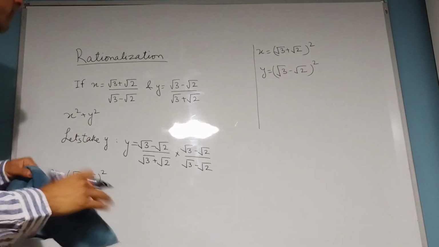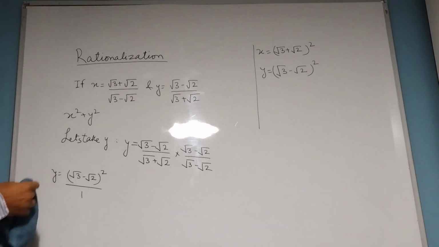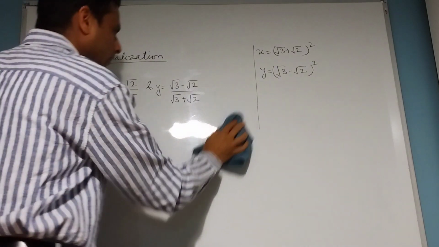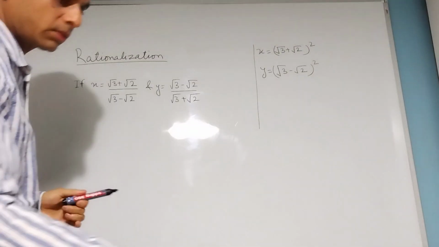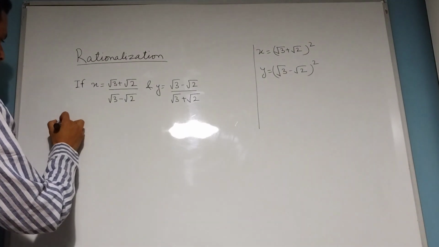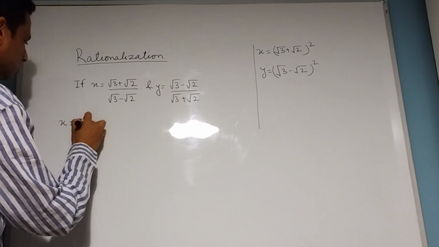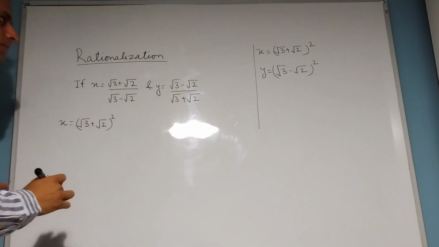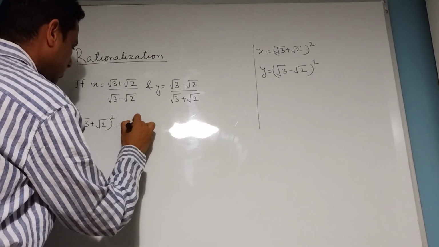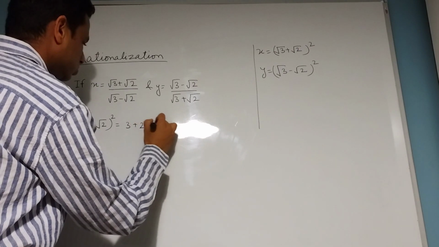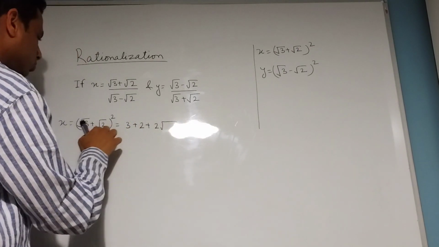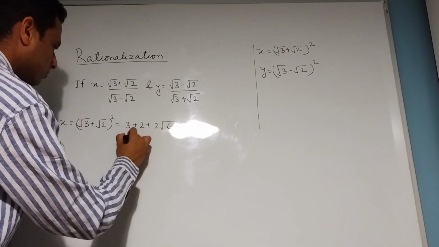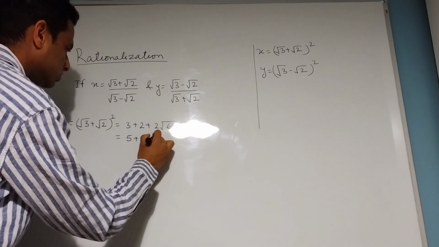Okay, so we found the value of x, and we found the value of y. Let's find the value of x squared and y squared and add them together. X equals root 3 plus root 2 whole squared, which is nothing but 3 plus 2 plus 2 times root a into root b, which is 3 into 2, 6, so 5 plus 2 root 6.